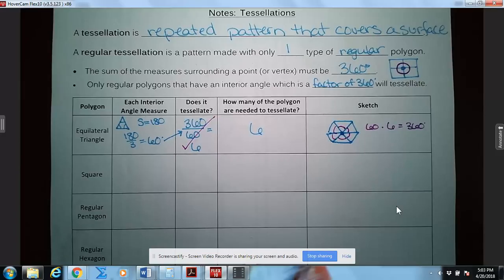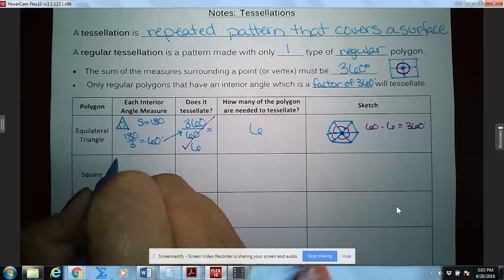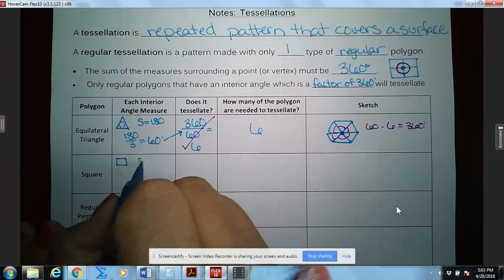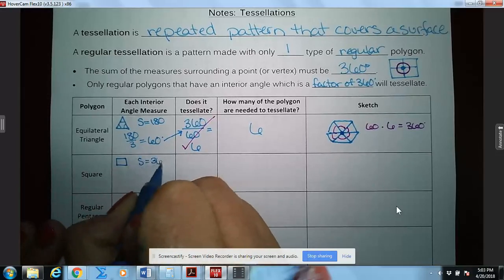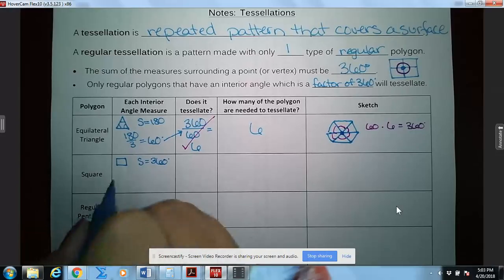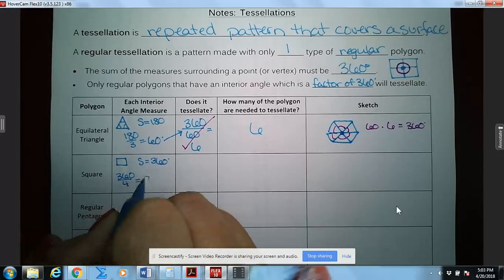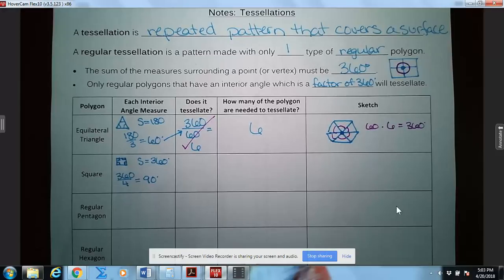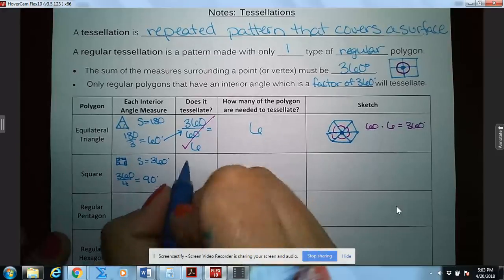All right, let's try a square. You know what a square looks like. The sum of a square is 360 degrees. If we take that 360 degrees and split it between the 4 angles, you're going to get 90 degrees per angle. That is probably something you already knew. So each interior angle measures 90 degrees. So does it tessellate?